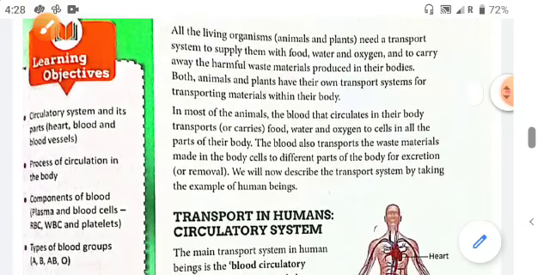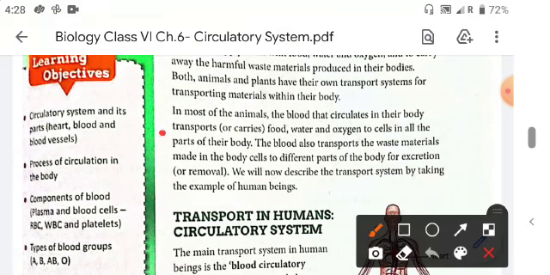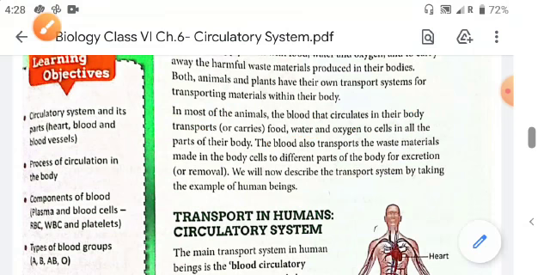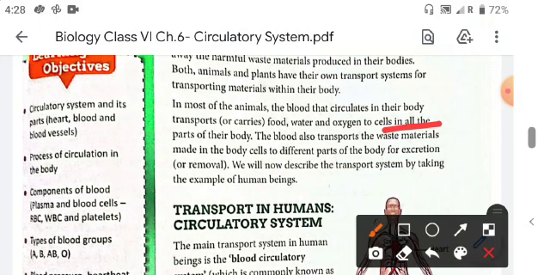In most animals, the blood that circulates in the body transports food, water and oxygen to the cells in all parts of their body.